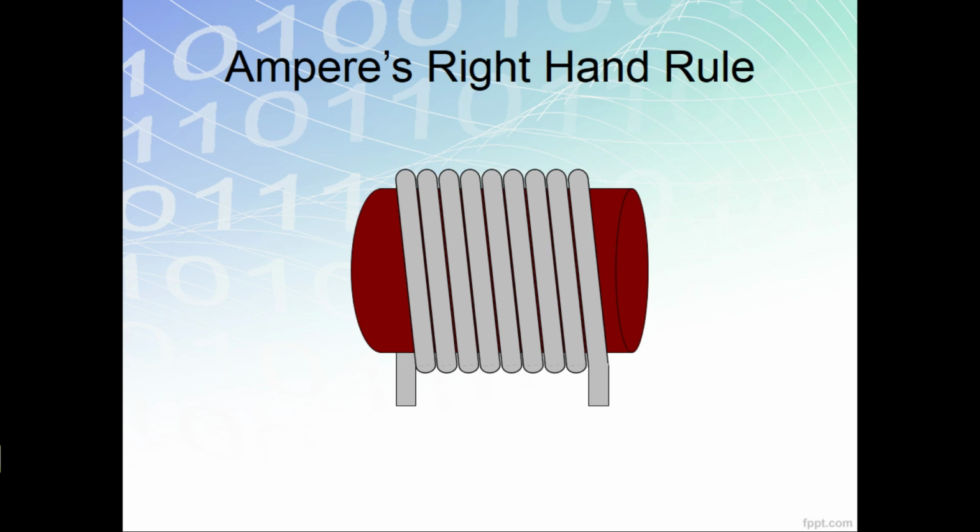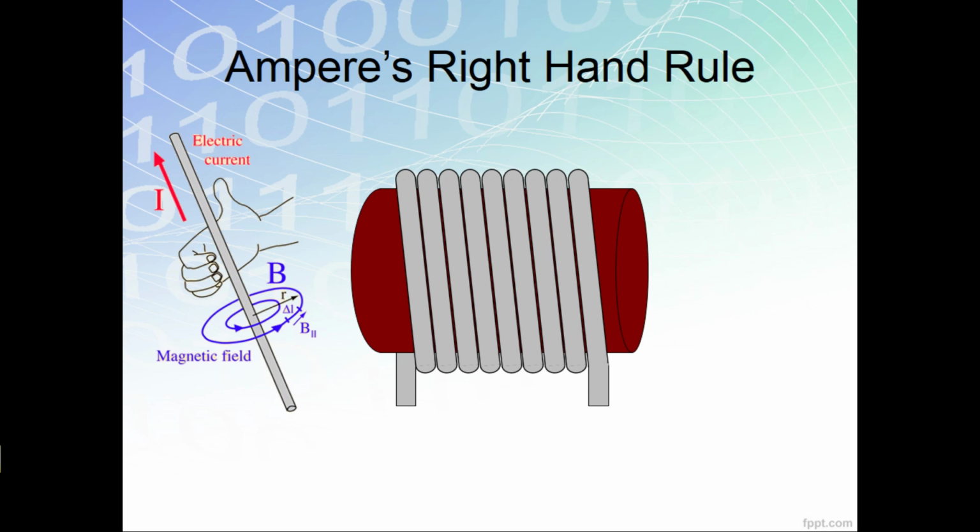When you grab a current-carrying conductor with your right hand, wherein the thumb points to the direction of the current, the direction of the magnetic field will be in the direction of the palm. This principle is further discussed when you study the general form of Ampere's law, which is included in the fourth Maxwell equation. But we're not going into details with this.